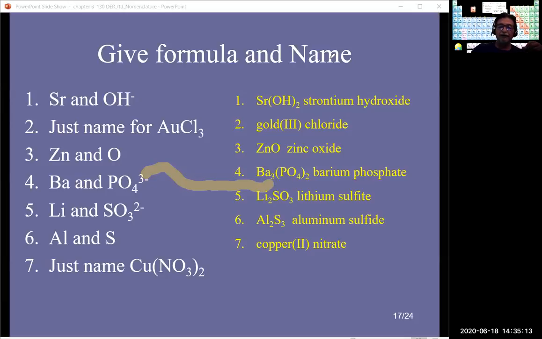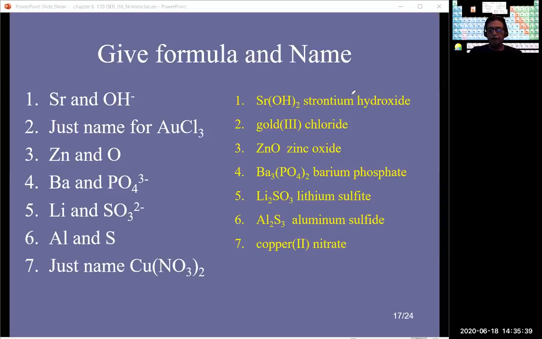Okay, let me clear that big old thing. And the charge of the metal became the subscript of the anion. I don't know why that thing is so humongous. All right, so we got barium phosphate.